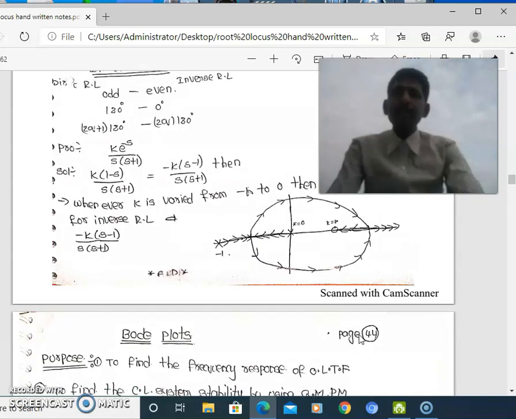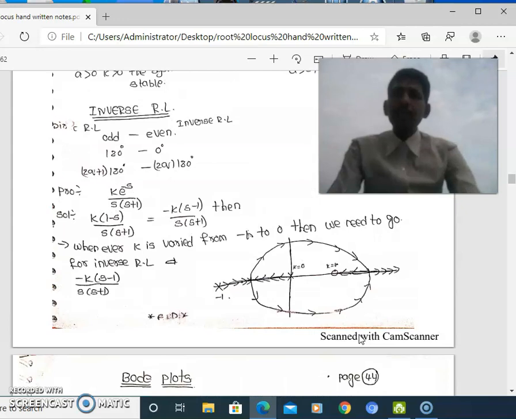The next one is inverse root locus. There are some differences between direct root locus and inverse root locus, only a few differences. The remaining concept is everything the same.